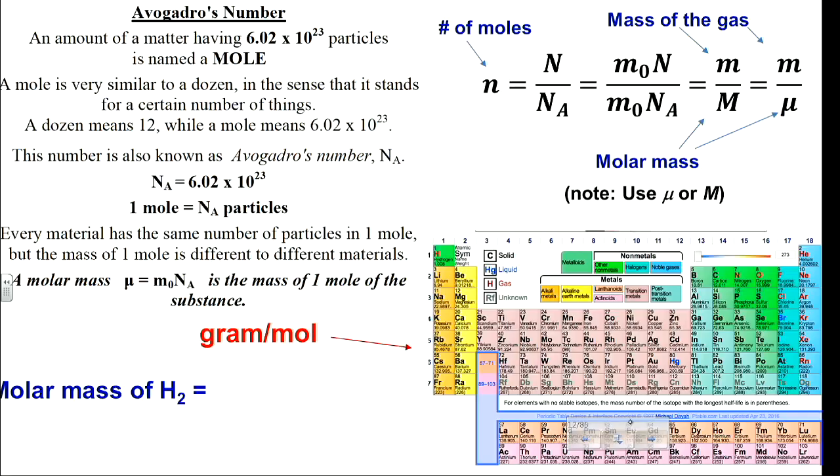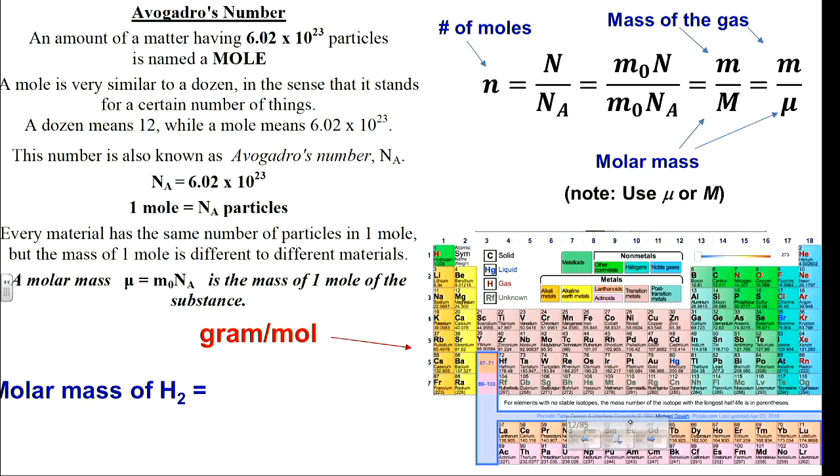Now, you should know from chemistry that you can use the periodic table to extract the information of the molar mass. For example, for hydrogen, well, first of all, the hydrogen molecule is diatomic, with 2 hydrogen atoms here. So if we want to calculate the molar mass, which is the mass of 1 mole, we just need to take the molar mass of a single atom, which is about 1.